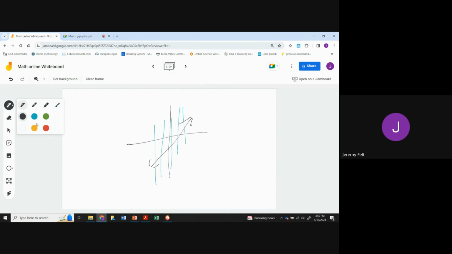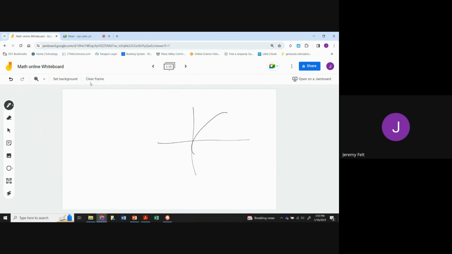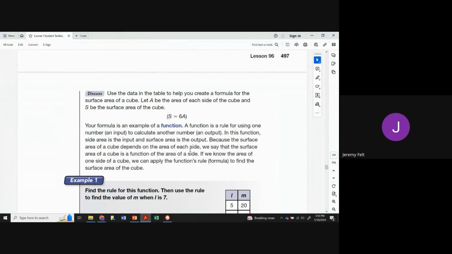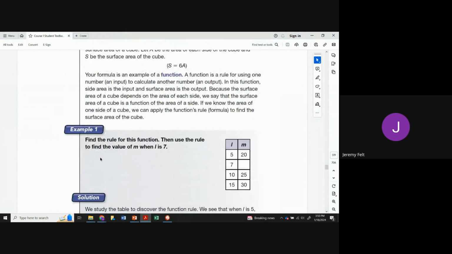So that means it's a function. And if we have something like this shape, and we're going to use the vertical line test, oh, it crosses 2 points. So this would not be an example of a function. It's jumping a little bit ahead of where we are.